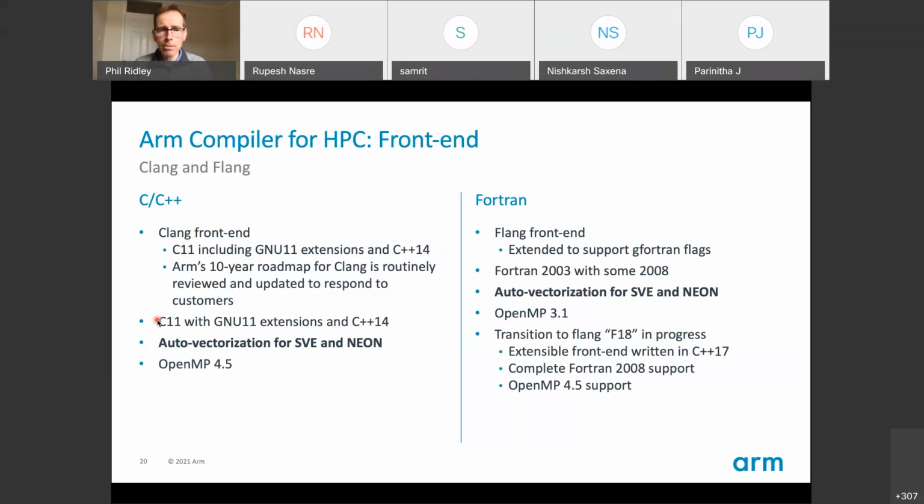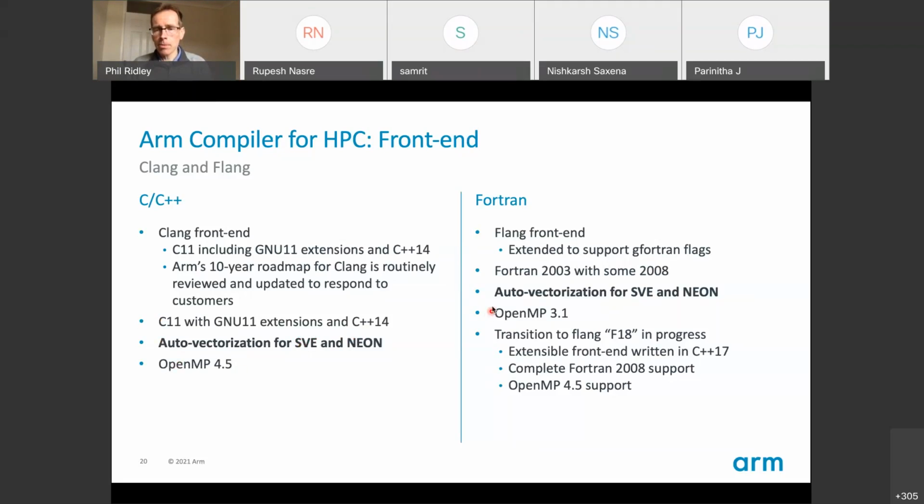It's fairly up to date with recent C++ developments. It has good auto-vectorization for both the Scalable Vector Extension architecture and Neon as well. And it's got support for OpenMP 4.5.